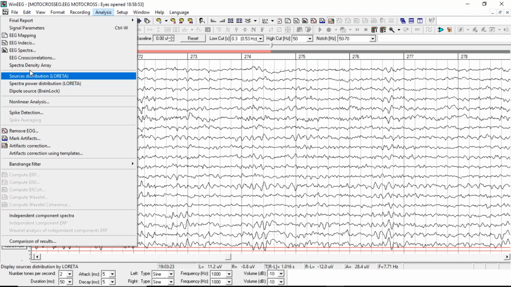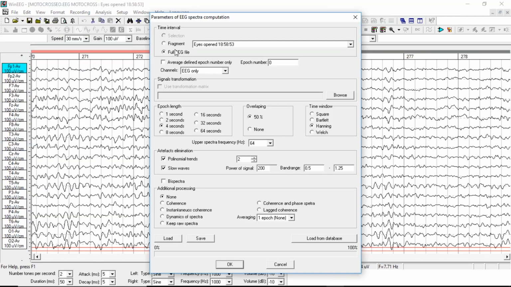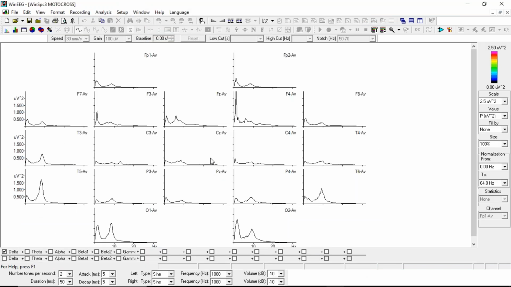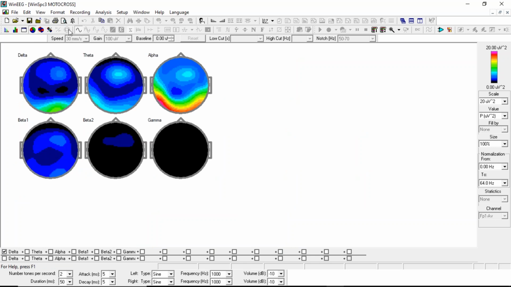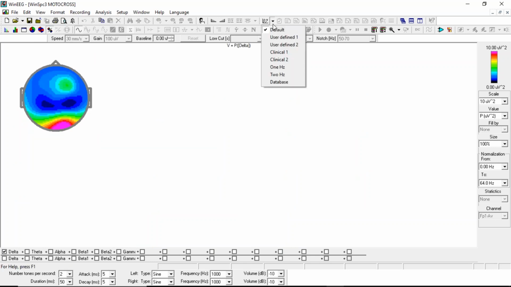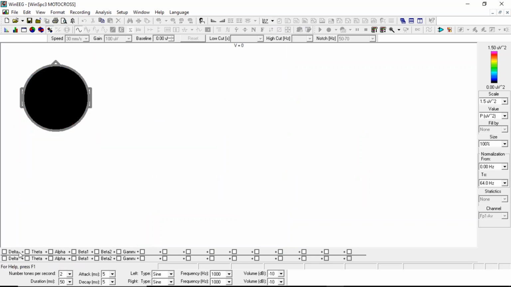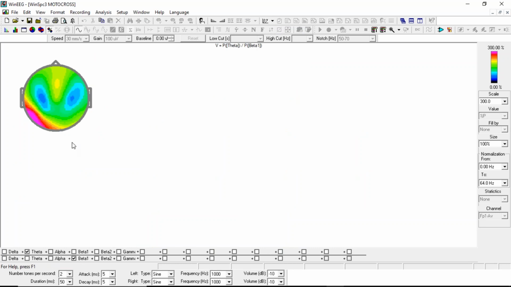We're going to go back to our spectral analysis for a second here. Do the full EEG for the eyes open, and go to the topographies here. So we're going to do now the theta to beta ratio. And there it is. So we got about 3 to 1, 3 times more theta than beta. And that's the midline.